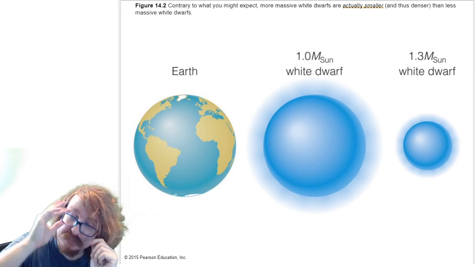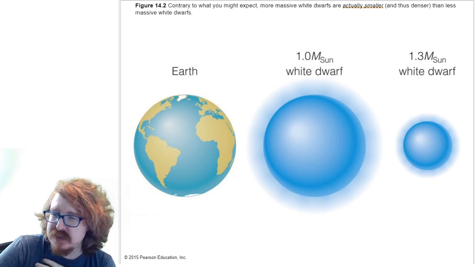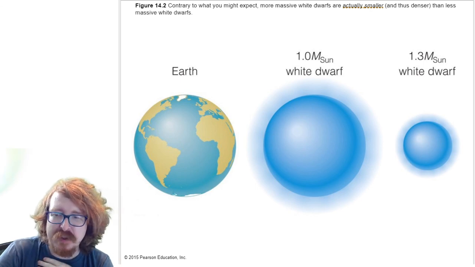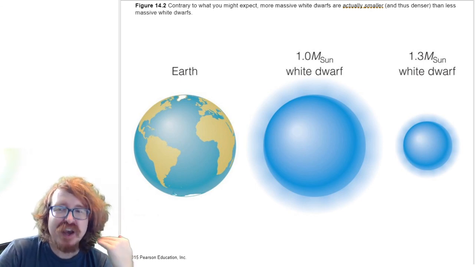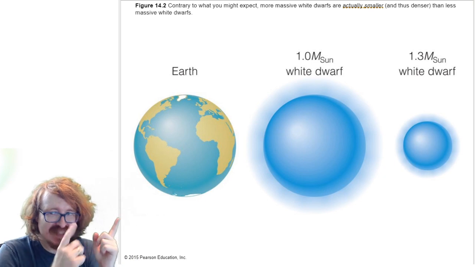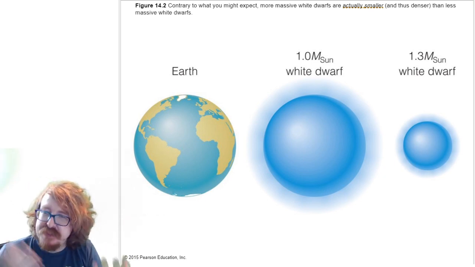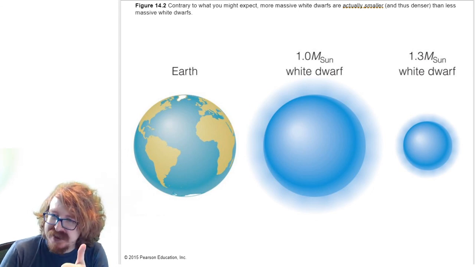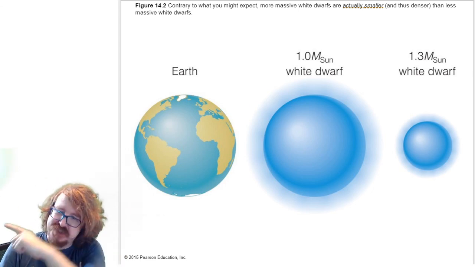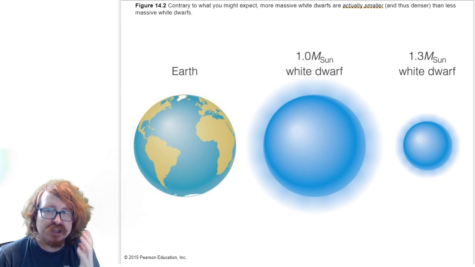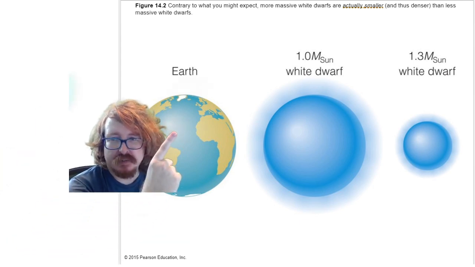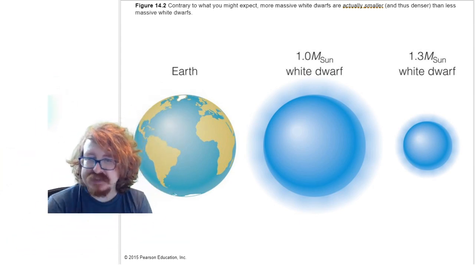Bigger. So because our sun is going to produce a relatively low mass white dwarf, and we said that higher masses make you smaller for white dwarfs, then this is just the reverse. You guys are right. When we put it all together, it makes sense, right? Our white dwarf will be bigger than the Earth because it's a lower mass one.